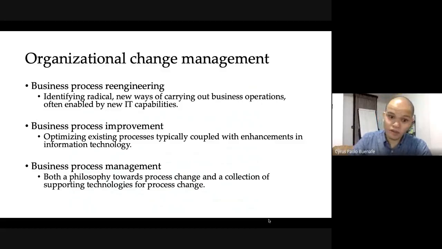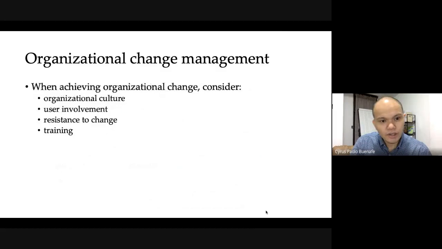Okay, and when we're trying to achieve organizational change, so these are the things that we have to consider. Okay, organizational culture. There's a whole wide field in the literature that talks about organizational culture and its impact to growth and development, and especially in relation to IT, right?